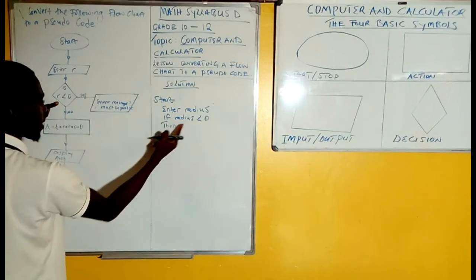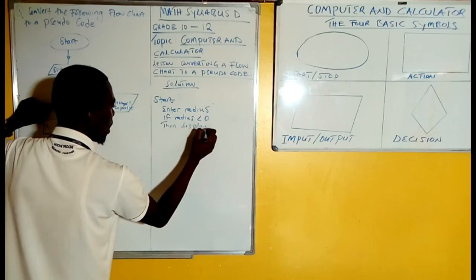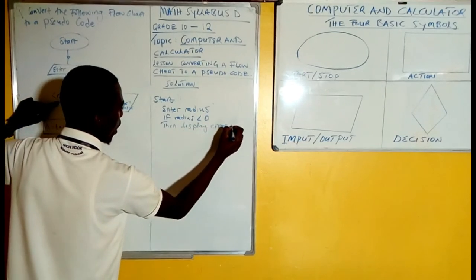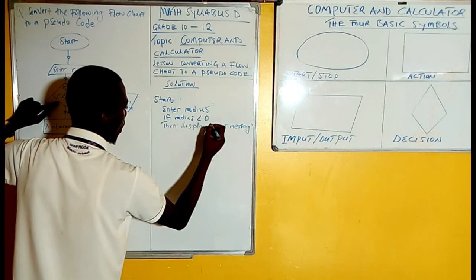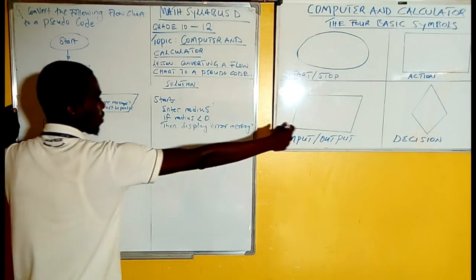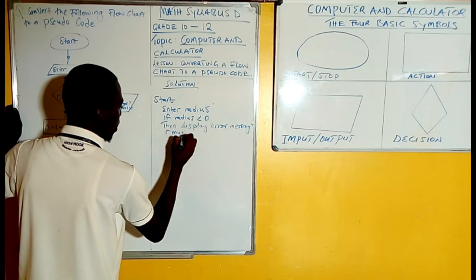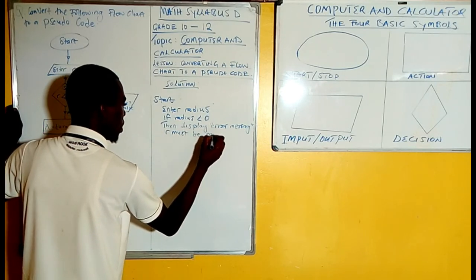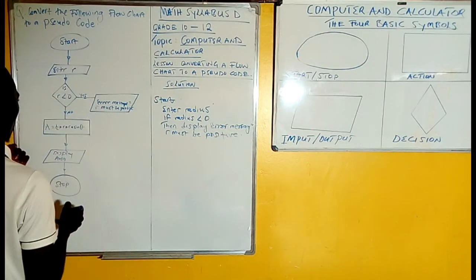So if radius is less than 0, then display error message. Then they are saying error. Now, if we had enough space, we would have continued it there and written error must be positive. Then we go to the next one now.